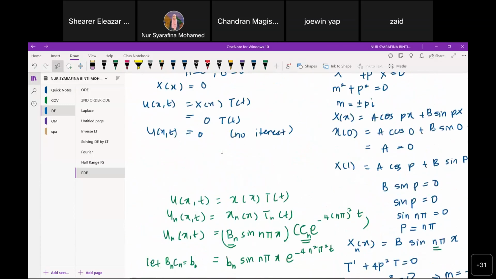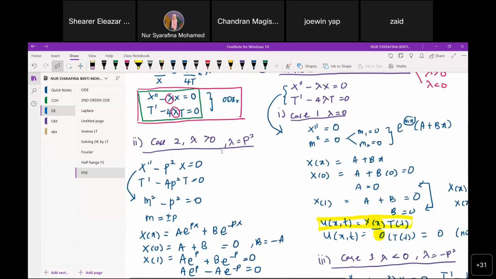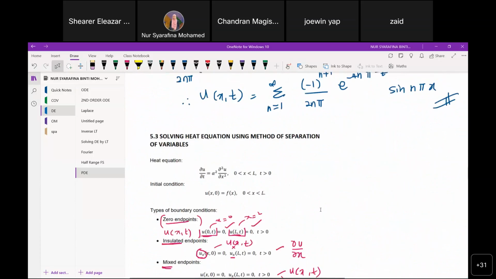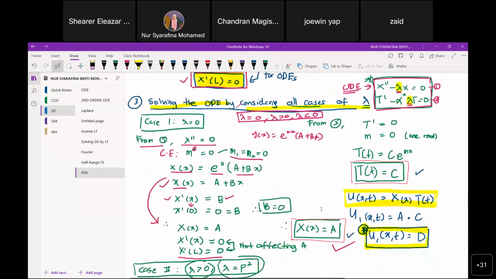For the previous problem, we considered the case lambda equals 0. You obtain x is 0. When a is 0, b is 0, x is 0. Then when x is 0, there is no point in finding t because you end up with u equals 0. But now for this example, your x equals a.